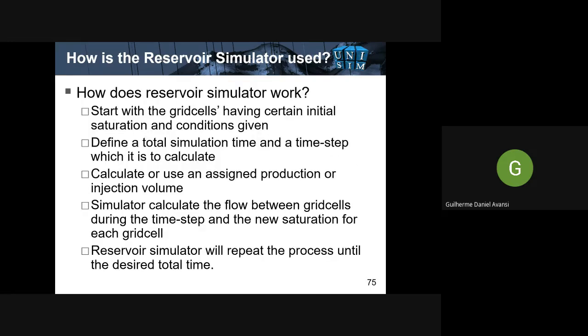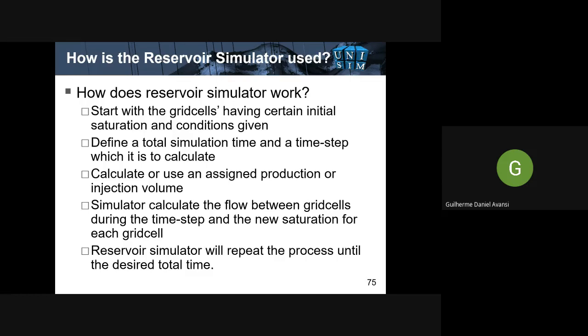So how does the simulator work? We presented the 3 principles. With these 3 principles, we build the general equations for a single phase and for one grid cell. Now we apply this general equation to the 3 fluid phases and to all the grid cells.